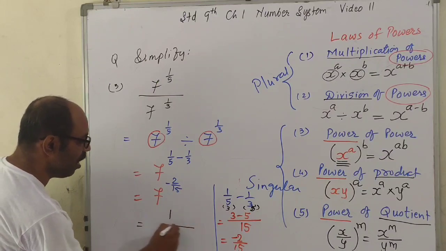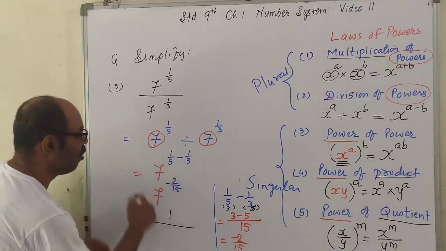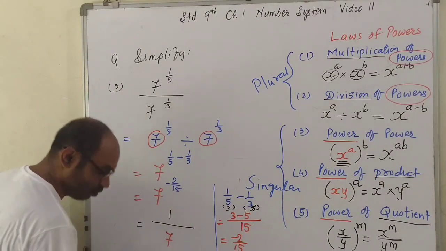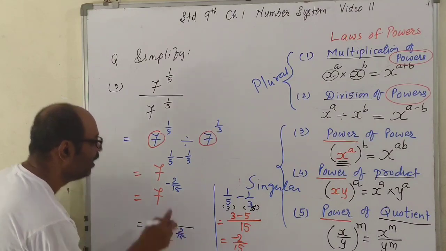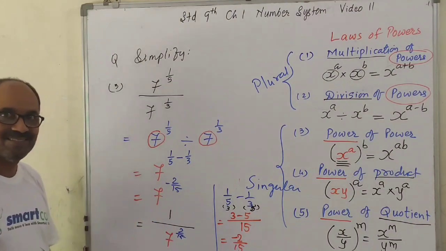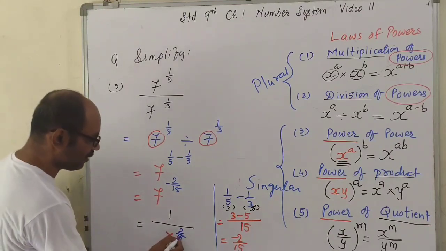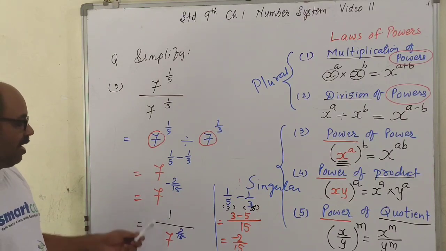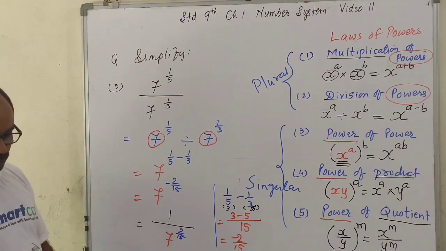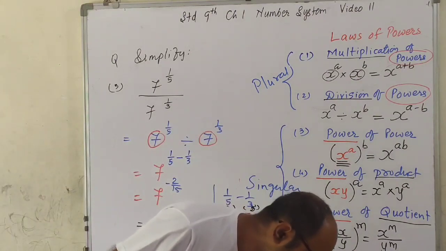You can write 1 whole upon 7 raised to 2 upon 15. The minus became plus; when you take the inverse, it changes. So that is the answer. Is that clear? So what is the simplification here? 1 upon 7 raised to 2 upon 15. That is the simplification. Alright.